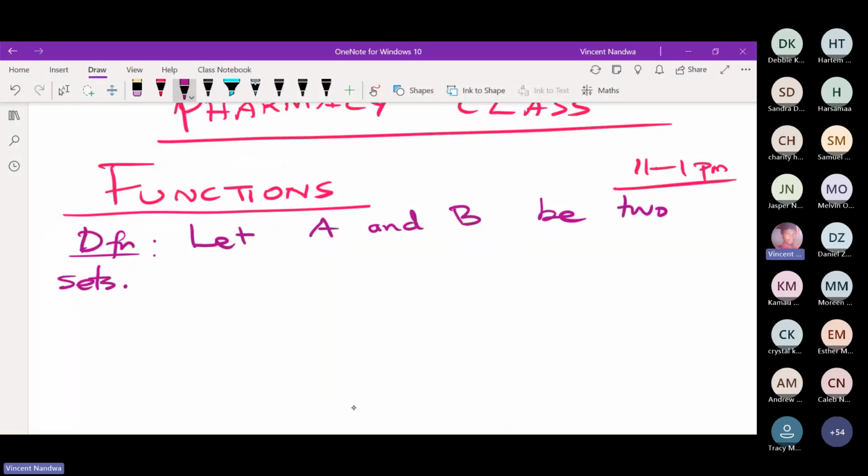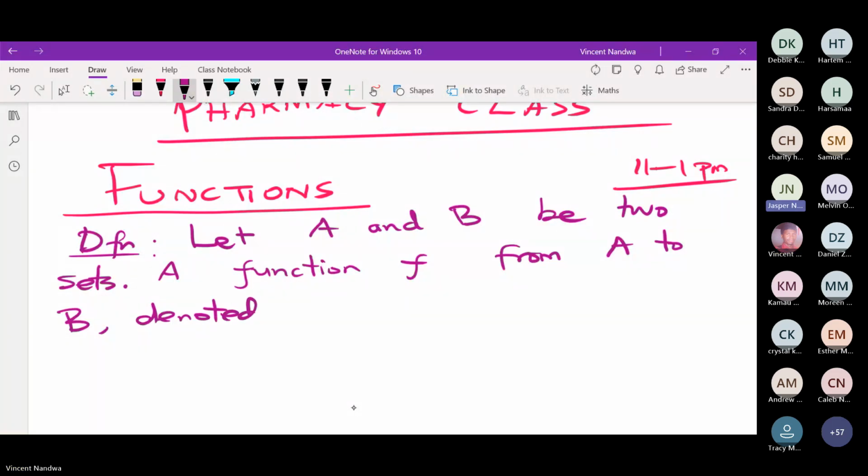So a function f from A to B, so this is how we denote it.